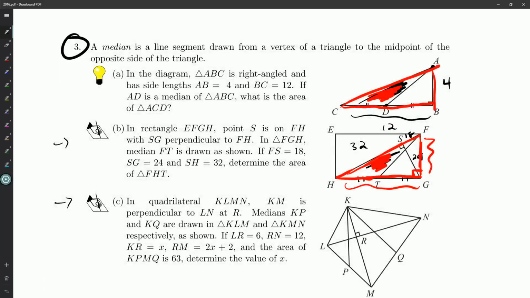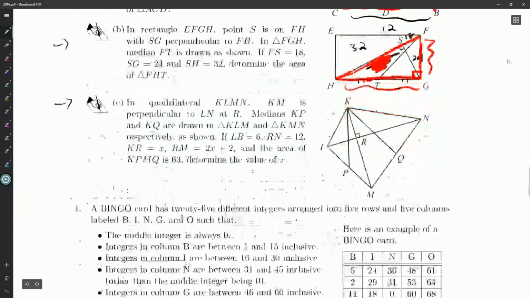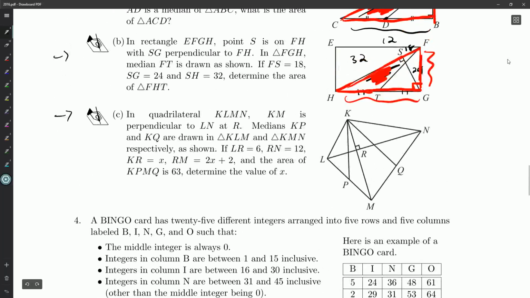So what have we got for part C? There we go. In quadrilateral KLMN, it's not even a rectangle anymore. Well, there's a lot going on here. Yikes. Okay, KM is perpendicular to LN. So these diagonals here are perpendicular, and they intersect at R. And then we've got some medians, KP and KQ, inside some triangles.